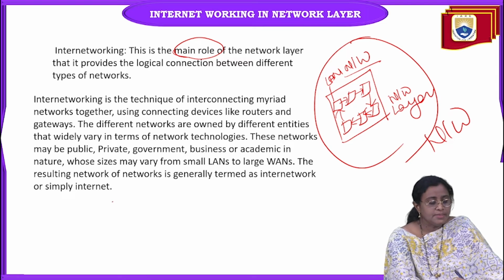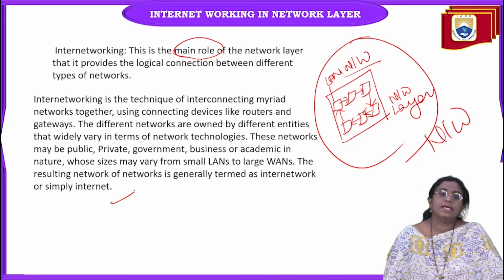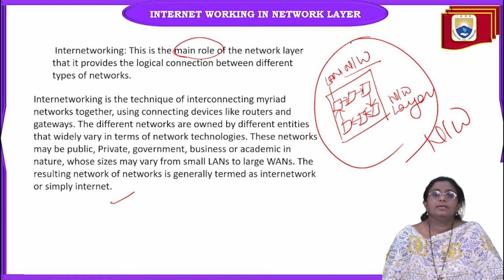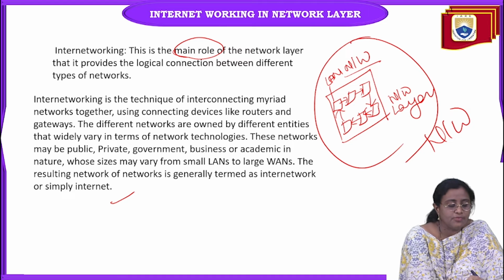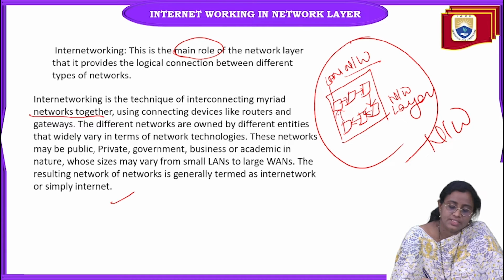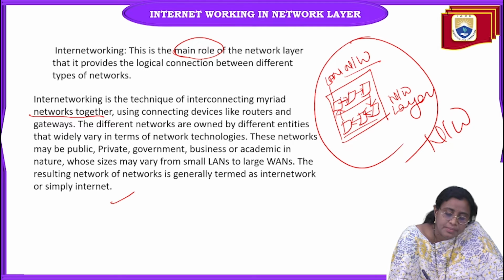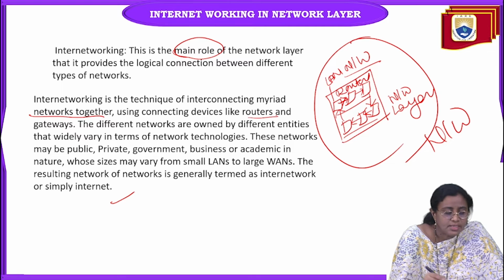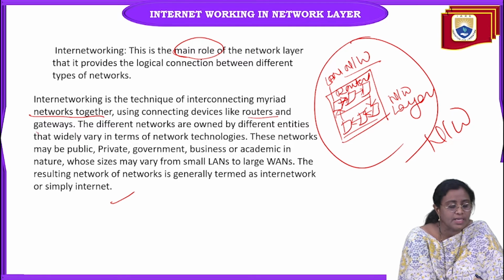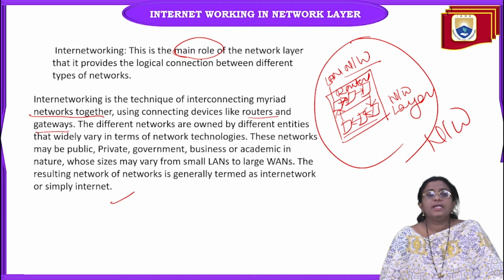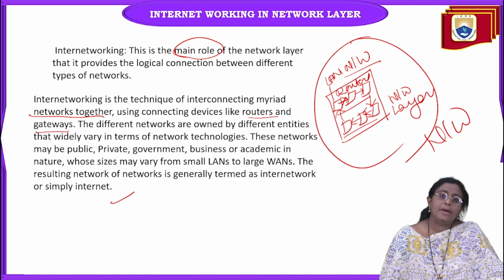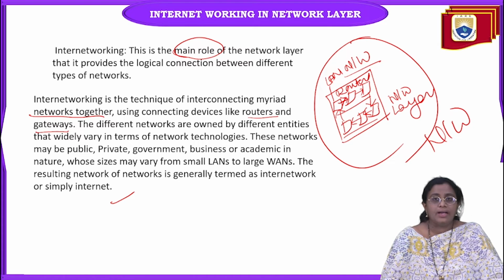The second one is that internetworking is the technique of interconnecting different types of networks together, using connecting devices in between them, which we can call routers and gateways. The different types of networks are owned by different entities and are widely used, varying in terms of network technologies.